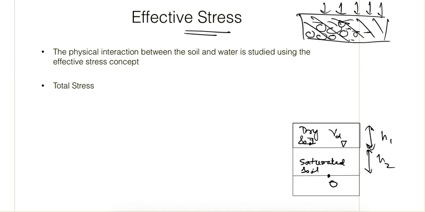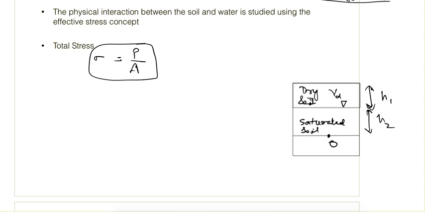So the total stress, for a given load P, can be given as the total load divided by the gross area. For a soil mass, if we want to find the total stress at this point O, it can be given as total force divided by total area. Total force will be the total load up to this point.